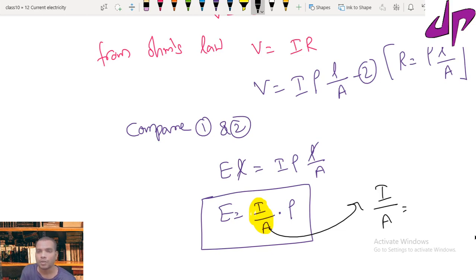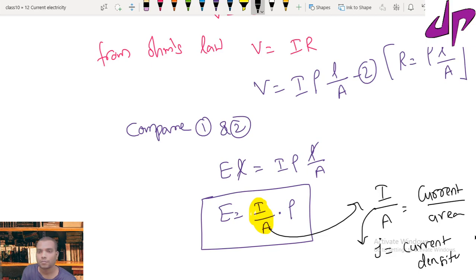Current upon area we define as J, which is also known as current density. The current per unit area is defined as current density, and current density J is a vector quantity, because area is a vector.